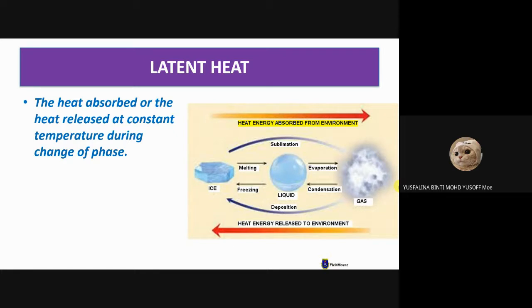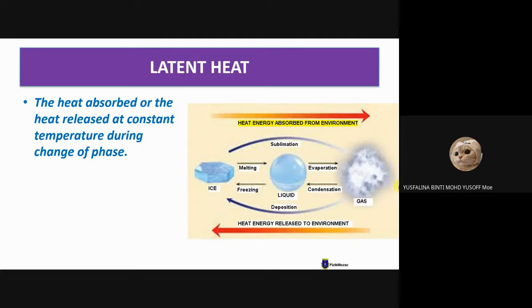But the temperature must be constant. There will be no increase in temperature. So it's different from the specific heat capacity. What does the specific heat capacity do? It absorbs heat energy to increase the temperature by 1 degree Celsius. That is the specific heat capacity. There must be an increase in temperature.